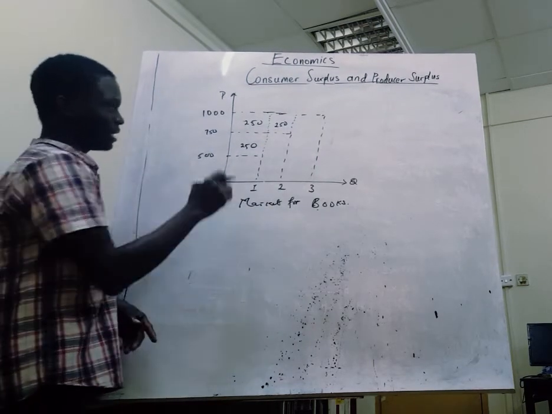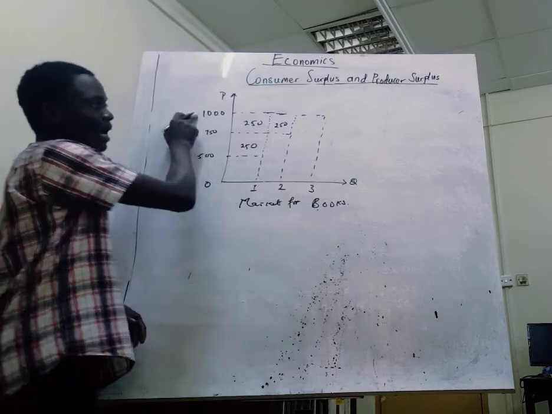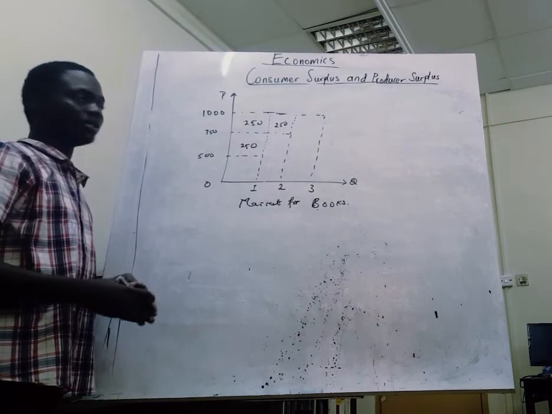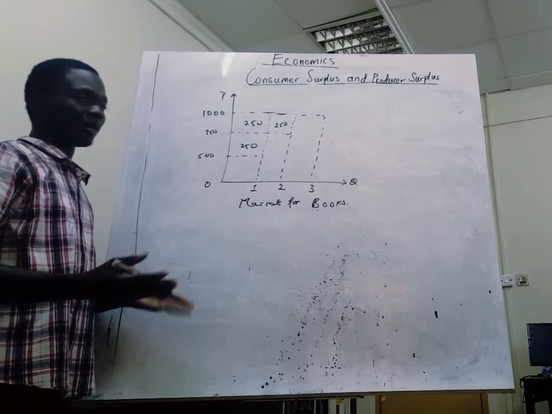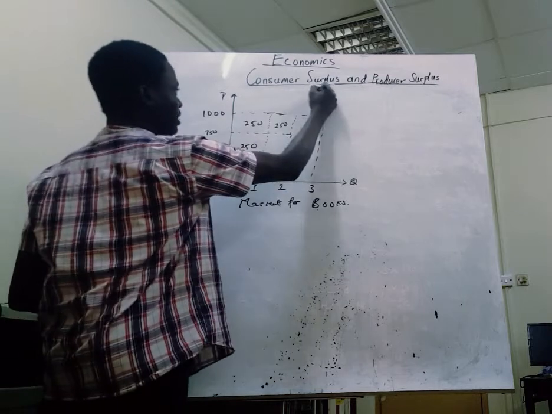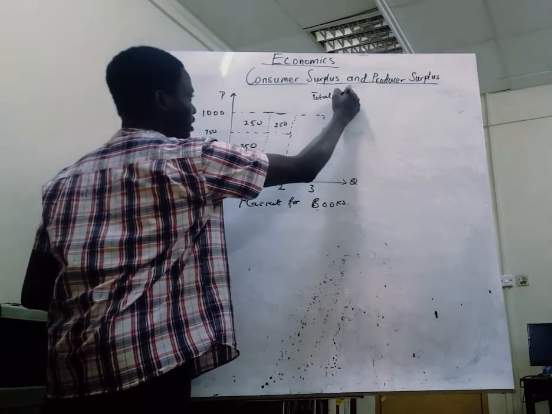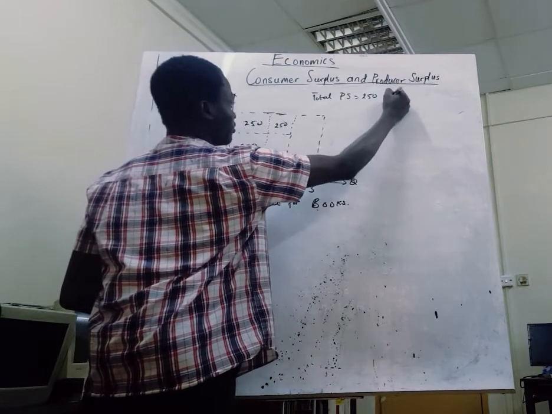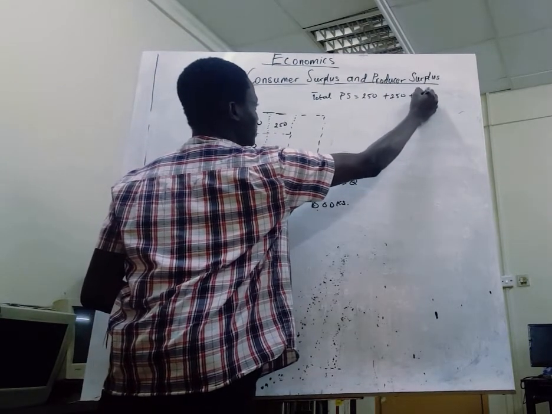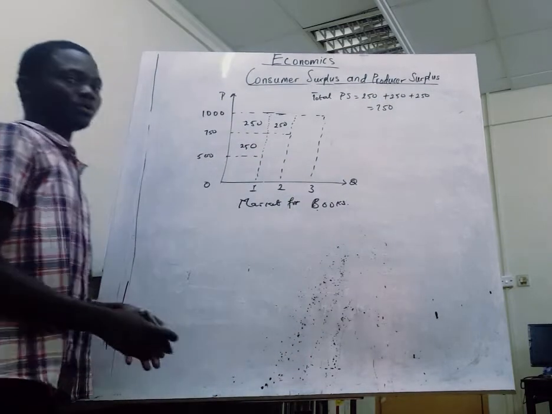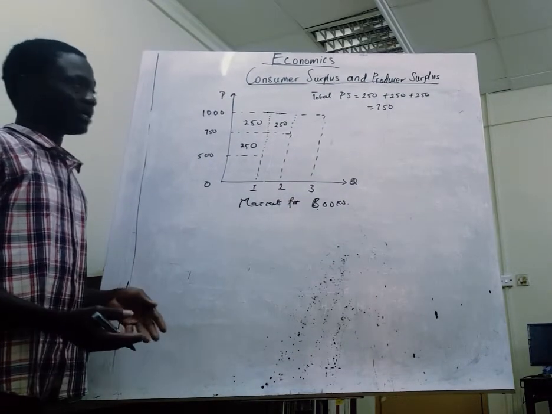All right, and the third seller has no surplus at all, simply because the price that he or she is willing to charge is the same thing as the market price. All right, so how do we calculate the total surplus? So the total PS, total producer surplus, is equal to 250 plus 250 plus 250, which is going to give us 750. So that's the producer surplus in the market. It is as simple as that.